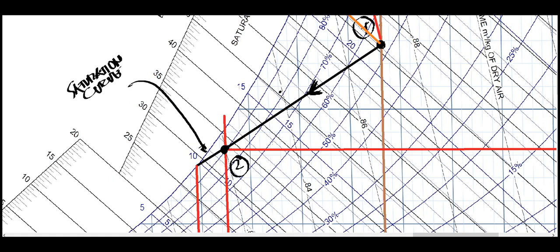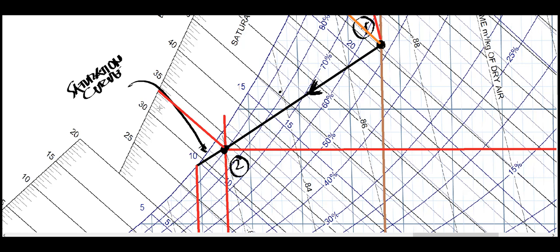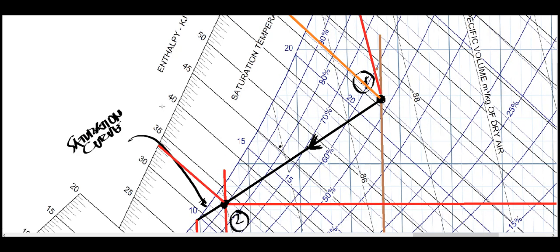Now for enthalpy 2, drawing a straight line here, so we can get the value. Okay, that is 31, 32, 33.5.